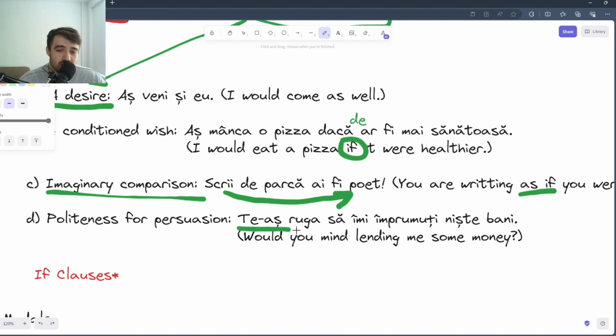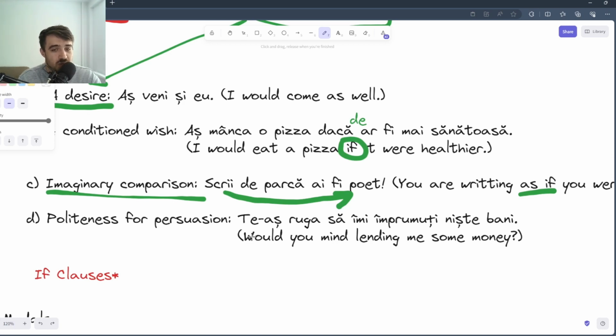So, you would put this really strange conditional at the beginning to express something that you would want, but you don't want to be too direct by using a "te rog." Yeah, so the present tense, you would use the conditional. This is something that happens more often than not in Romanian.